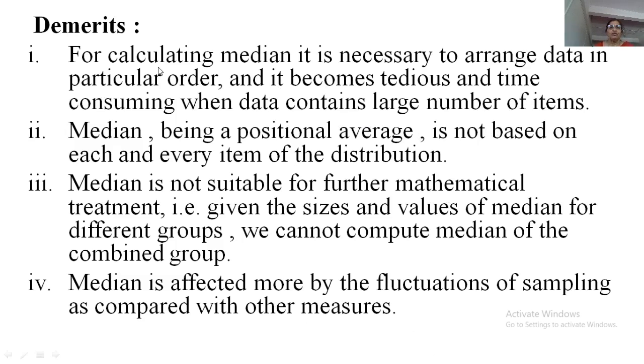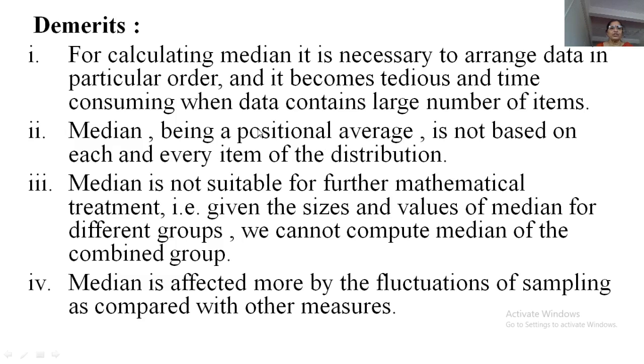What are the demerits of median? We have to arrange the observations in a certain order, either increasing or decreasing. When the number of observations is very large, it is very difficult to arrange the observations in increasing or decreasing order of their magnitude. Further, median is a positional average, which we pick from the center, so it doesn't consider all observations.